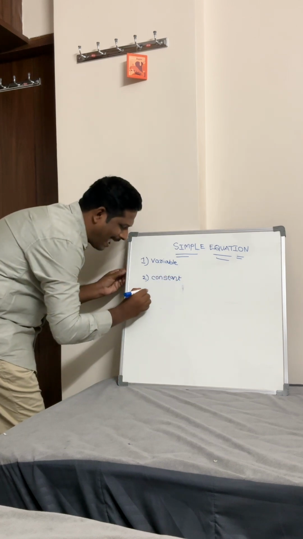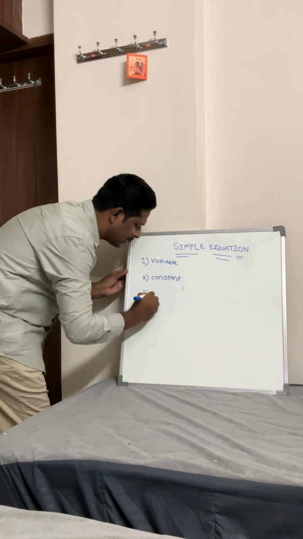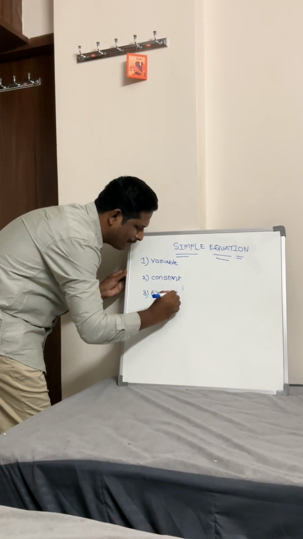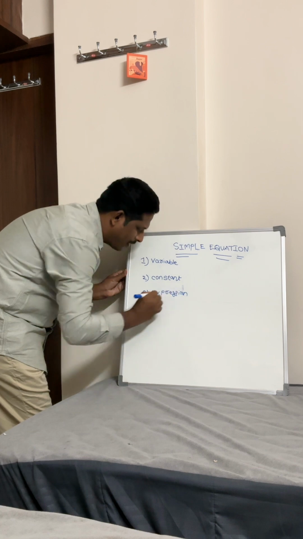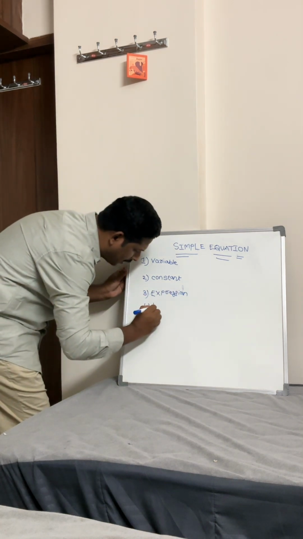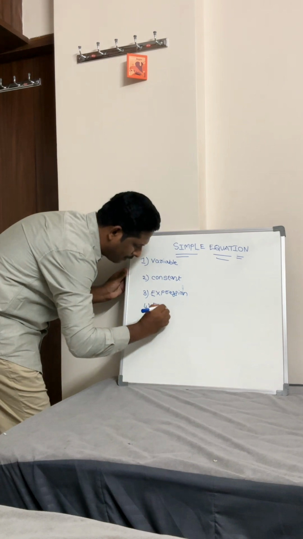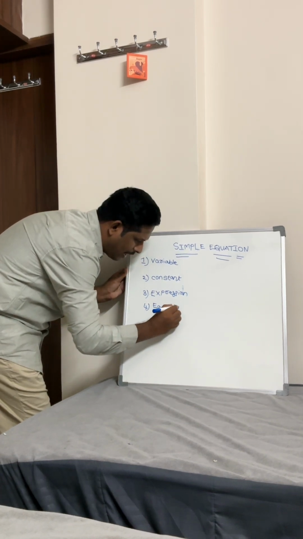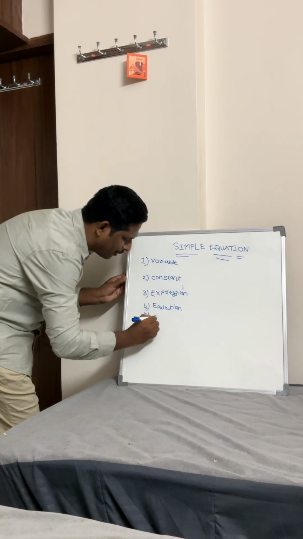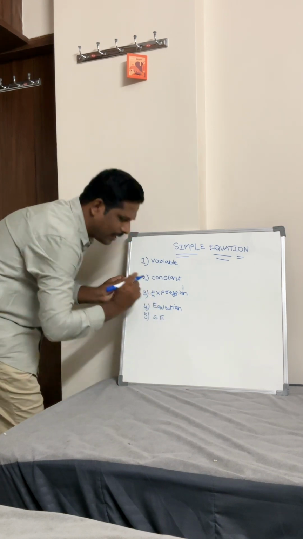Third one is expression. And then the fourth one is equation. And the fifth one is simple equations.